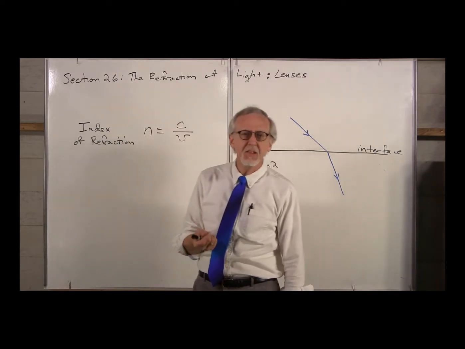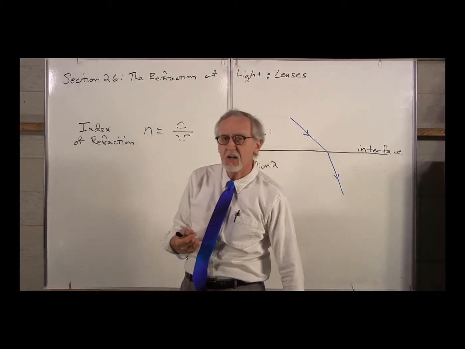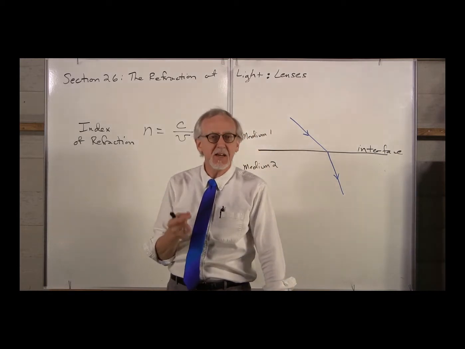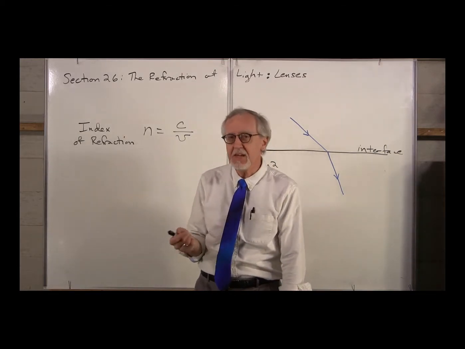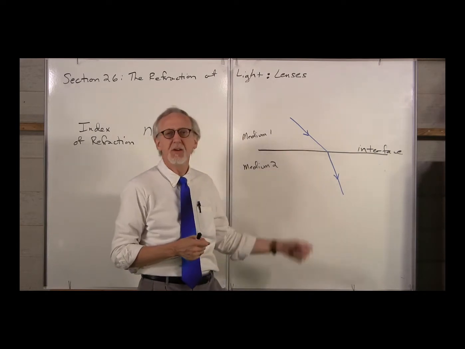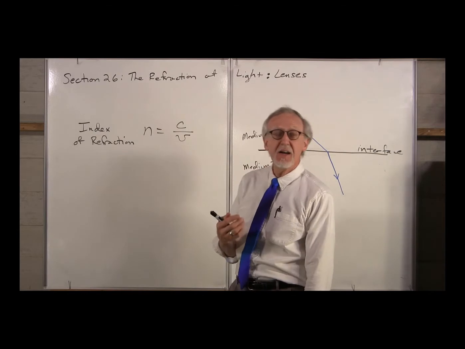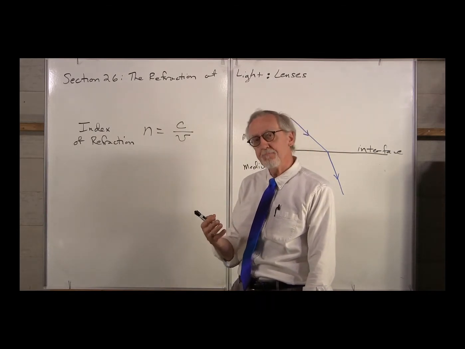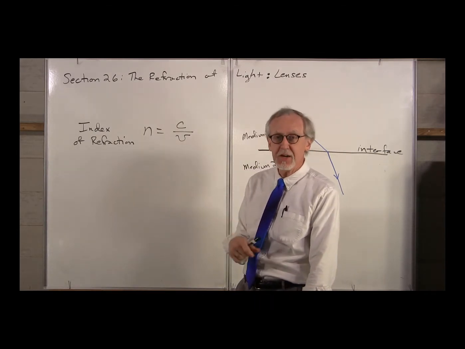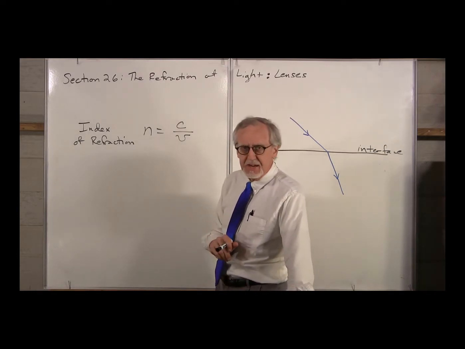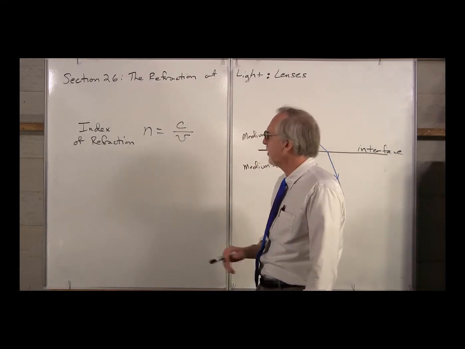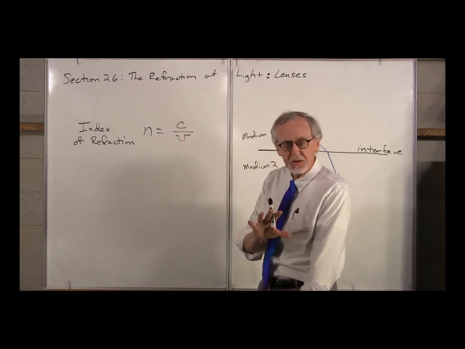The reason that the light refracts is because typically the light does not travel at the same speed in the two different media. The index of refraction gives us an idea of the amount that the speed changes. We will define the index of refraction for a material as n equals c divided by v. Now what's c?